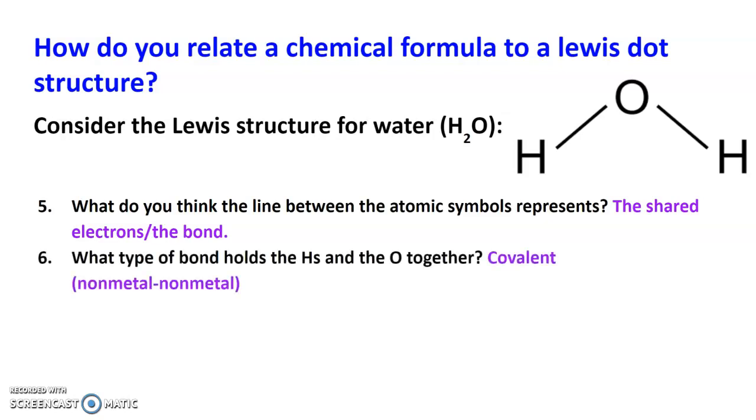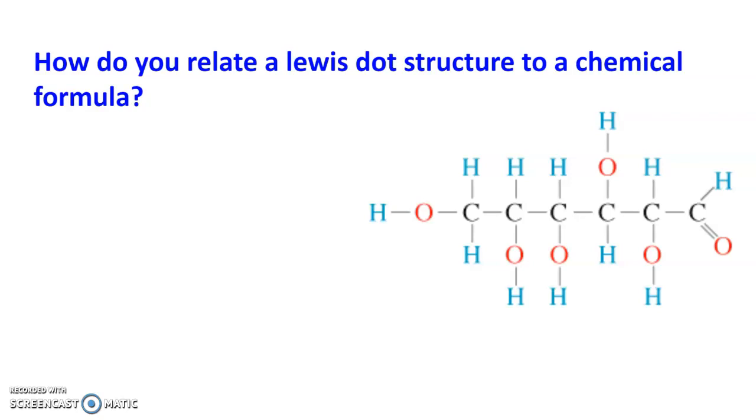And because they're nonmetals, each has a covalent bond, which is the sharing of the electrons. So you would never see a line like this for an ionic bond, right? Because they're not sharing electrons. The line means oxygen and hydrogen are sharing electrons.